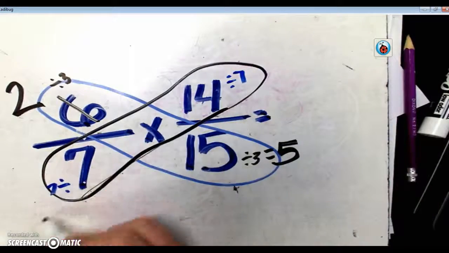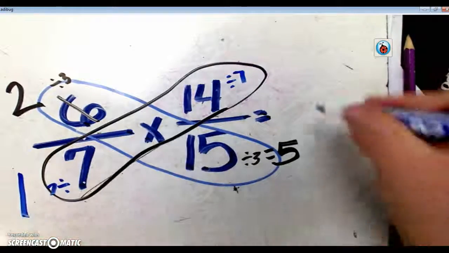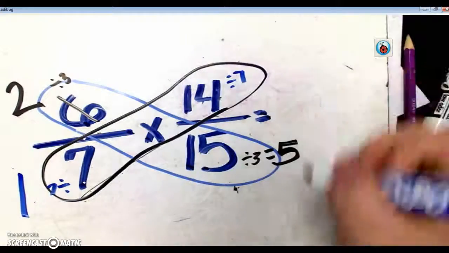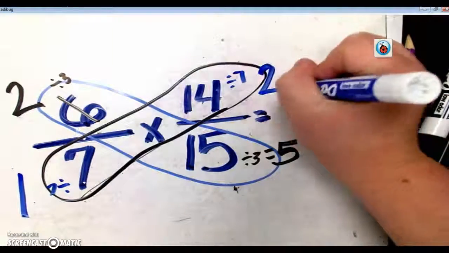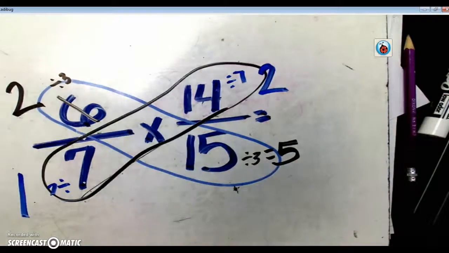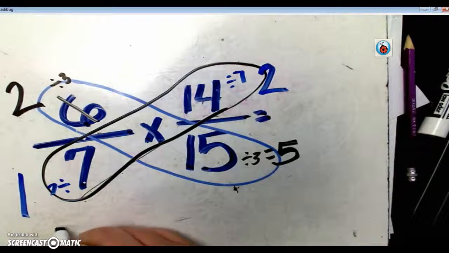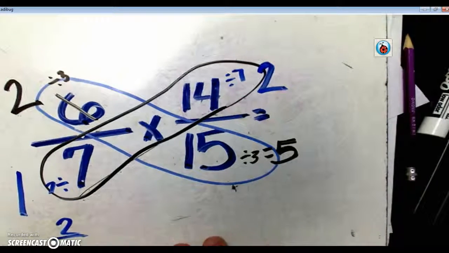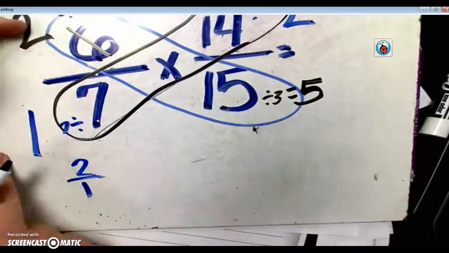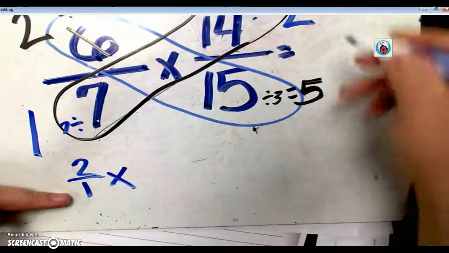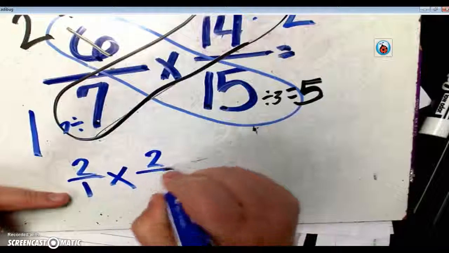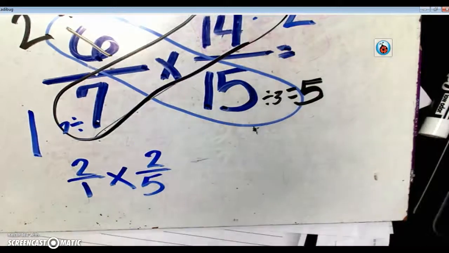Okay? 7 divided by 7 is? And 14 divided by 7 is? 2. So now my new fractions after I cross-reduced are 2 over 1. I'm just bringing these numbers down here so I can see them a little bit easier. And 2 over 5. Now I have smaller numbers.